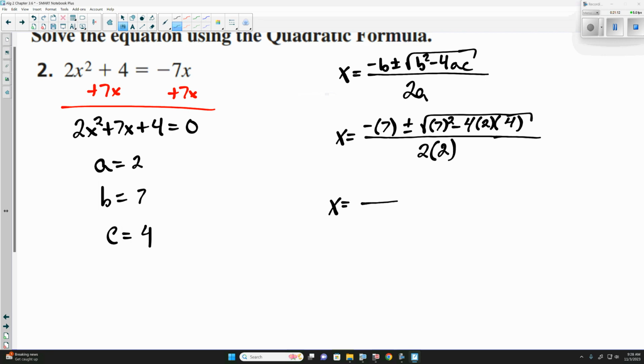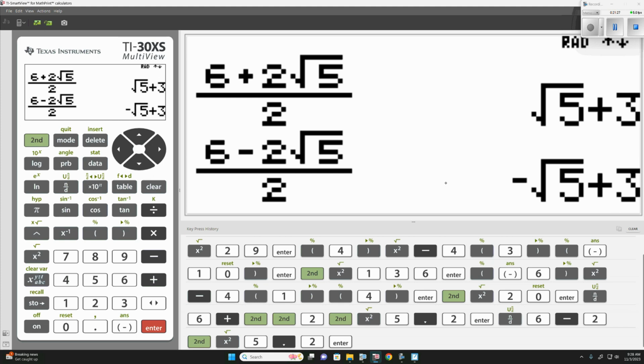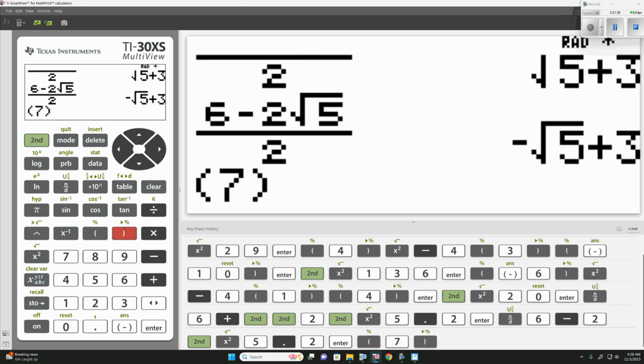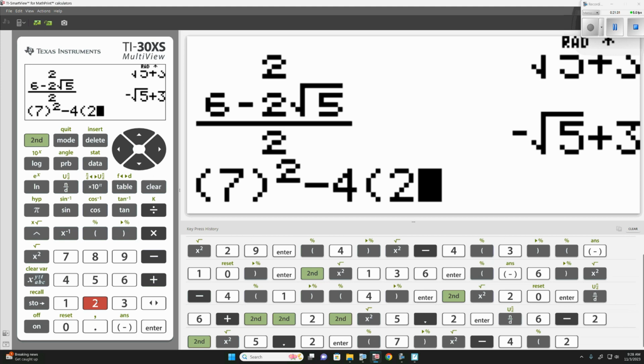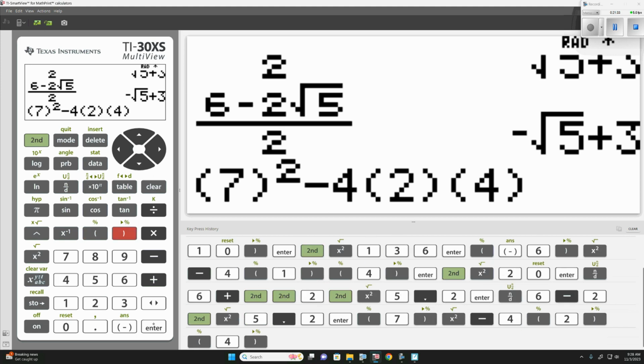Now when we simplify, our negative 7 will just become, well, negative 7. 2 times 2 gives us 4. Inside the radical, our 7 squared minus 4 times 2 times 4 is 17.